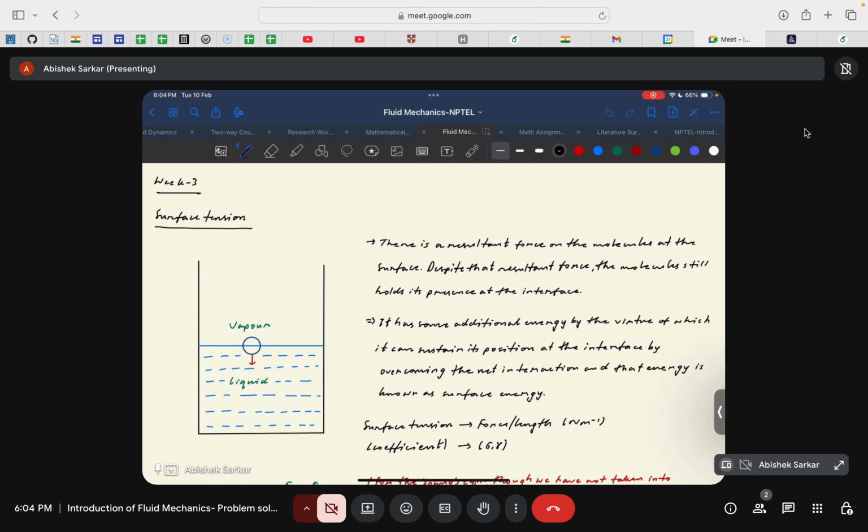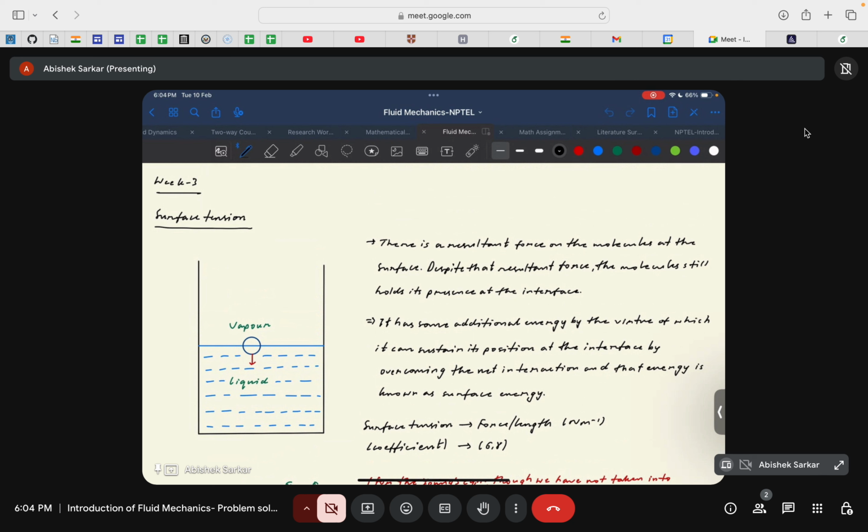After that, all will be mostly the analytical aspect of solving fluid mechanics problems, and so the topic of surface tension, I think, would be the last introductory concept of this fluid mechanics course.